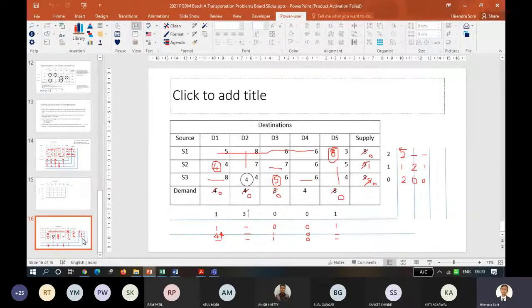Okay. Last numerical we did up to the basic feasible solution. Correct?